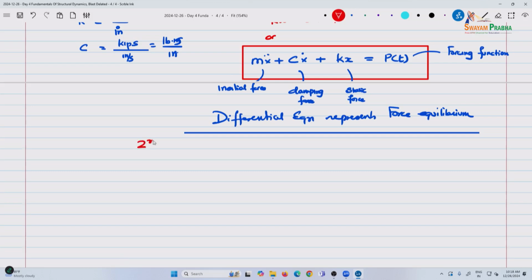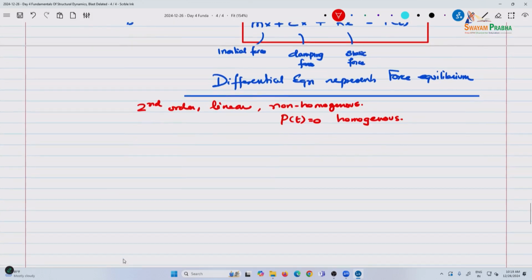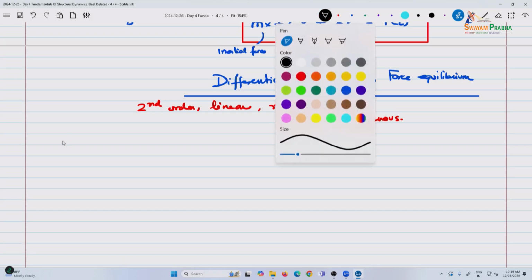And if you look at it, this is basically a second order linear, of course I have here, non-homogeneous differential equation. And if I say P of t equal to 0, it becomes a homogeneous differential equation. So now I can rewrite it.